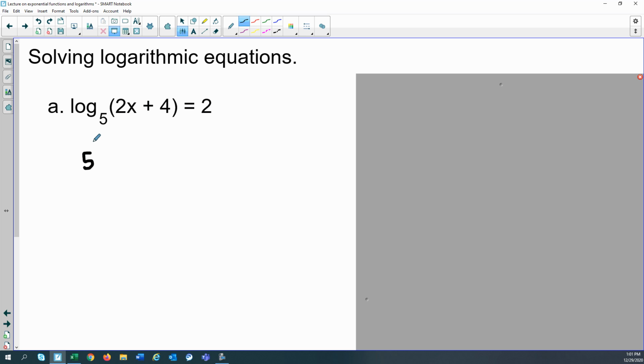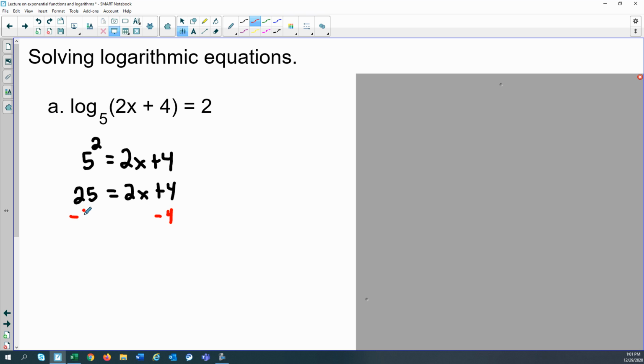So 5 squared equals 2x plus 4. So I converted it into exponential form, and let's see if that does anything for us. Well, 5 squared is just 25 equals 2x plus 4. Okay, that looks like something we're probably a little more familiar with.